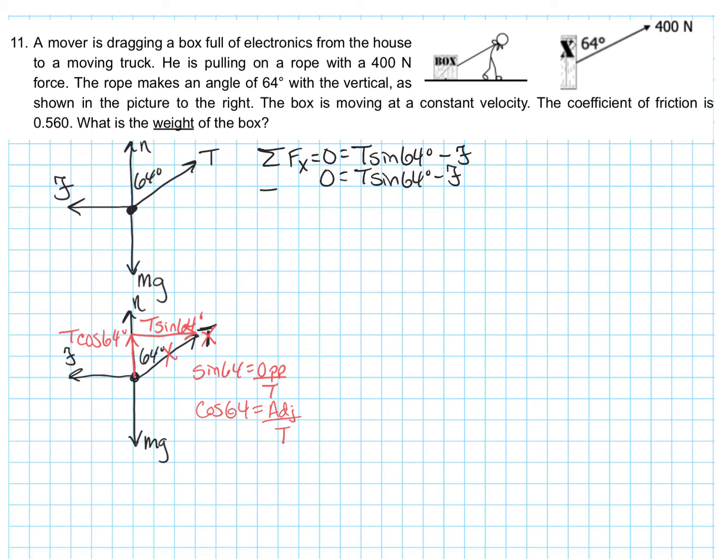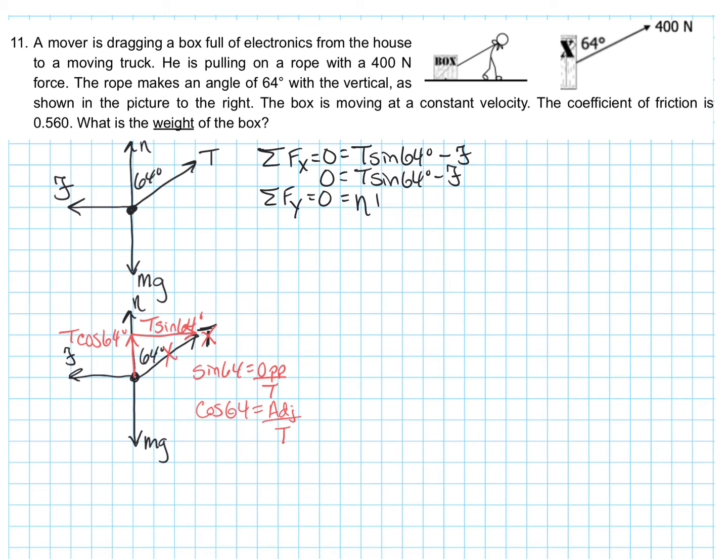And then I can sum up the forces in the y direction. Sigma Fy equals 0 again, because it's not changing speed in the vertical direction. And that's going to equal, and I'm going to make it all the forces going up minus the forces going down. And I've got two forces going up. I have eta and T cosine 64.